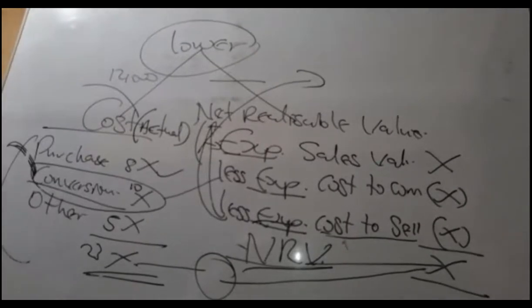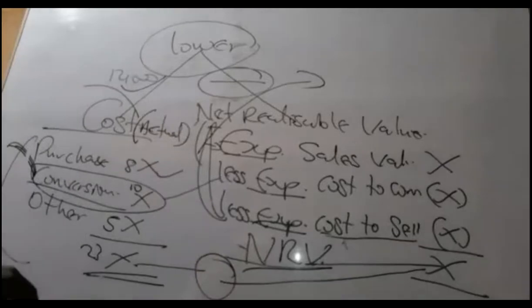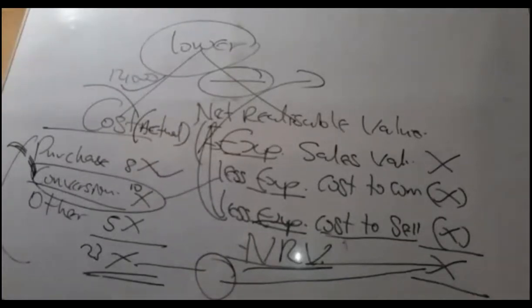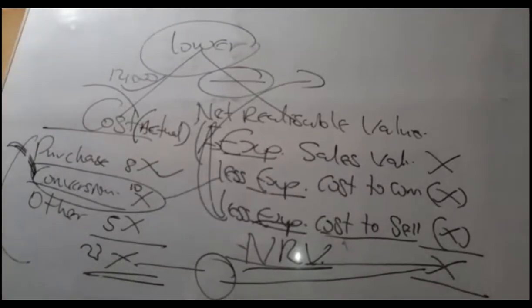They are saying that if I should go and buy these goods again, I will buy them at 10,000. So that becomes replacement cost. NRV is not given, so you have to select cost to be the value of the goods. So here the value must be 12,000 Ghana cedis.